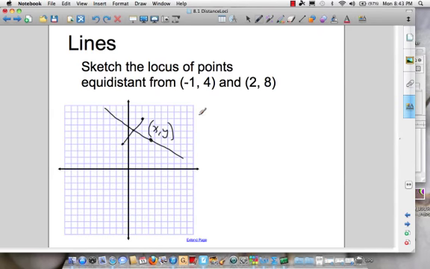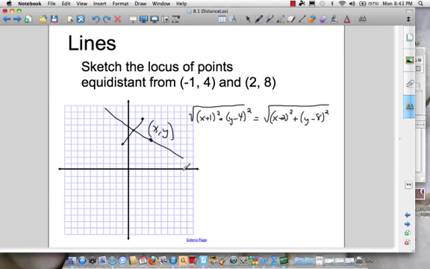So the distance from (x, y) to (-1, 4) would be the square root of (x + 1) squared plus (y - 4) squared, and that should be equal to the distance from (x, y) to (2, 8), which is the square root of (x - 2) squared plus (y - 8) squared. Again, I'm using the distance formula between (x, y) and each of these 2 points.